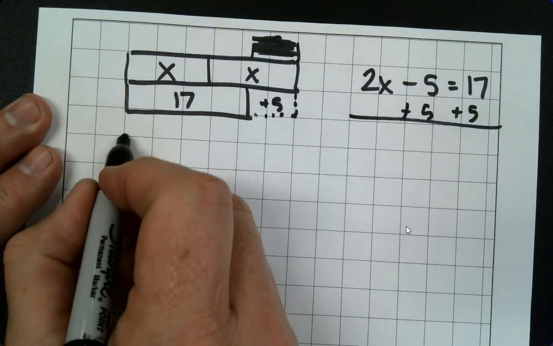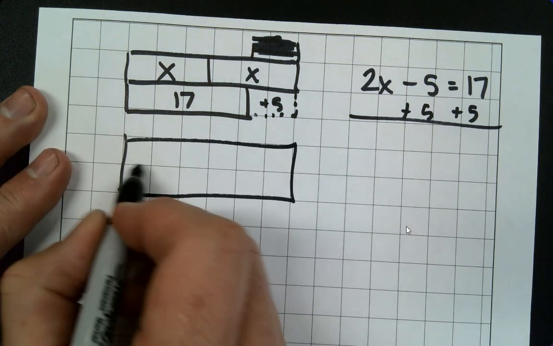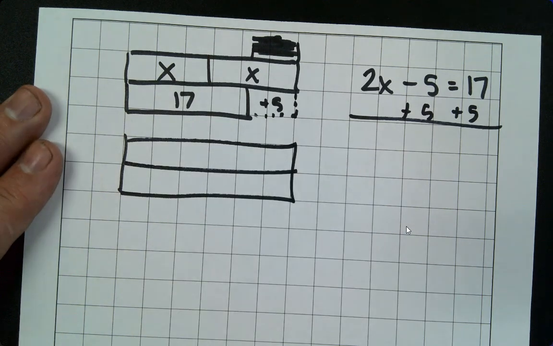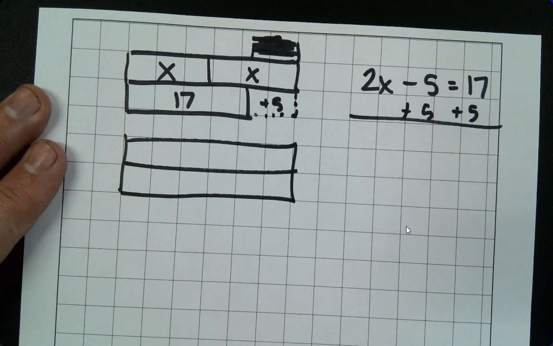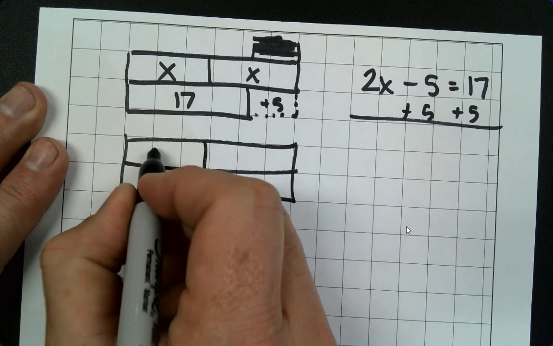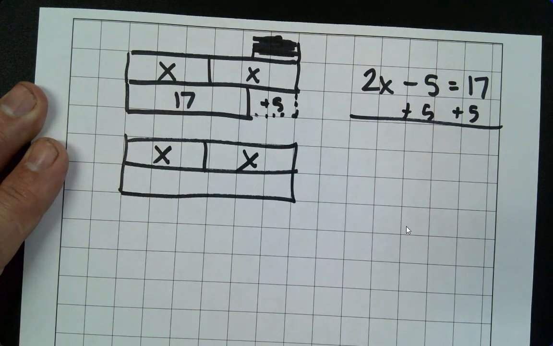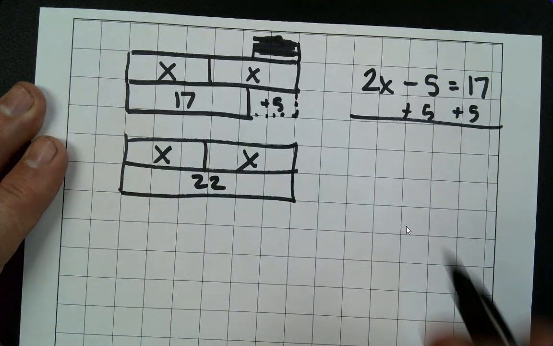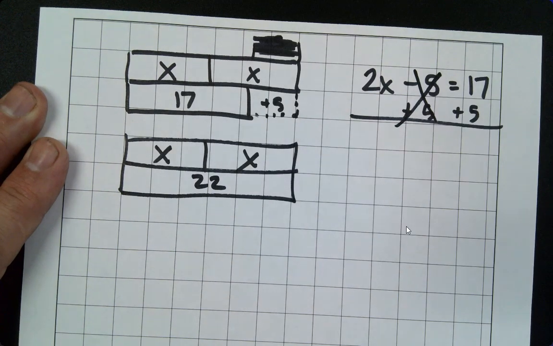So what's my new boxes going to look like? What's on top? We have 2 x's on top, don't we? And what's on bottom? Over here, those went away, didn't they?